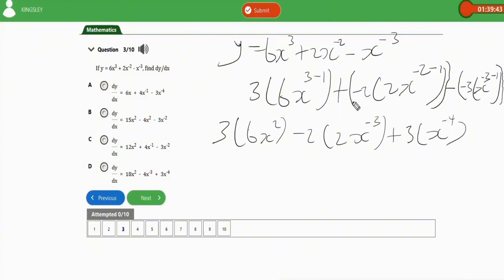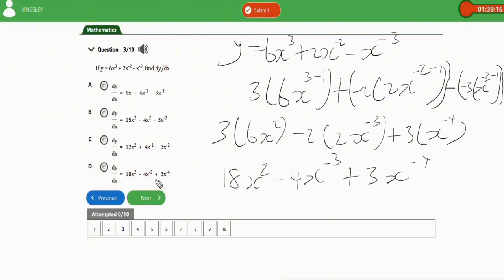So our final result will be 6 times 3, we have 18x squared, minus 2 times 2, we have minus 4x to the power negative 3, then plus 3x to the power negative 4, and that will be the derivative of the function.